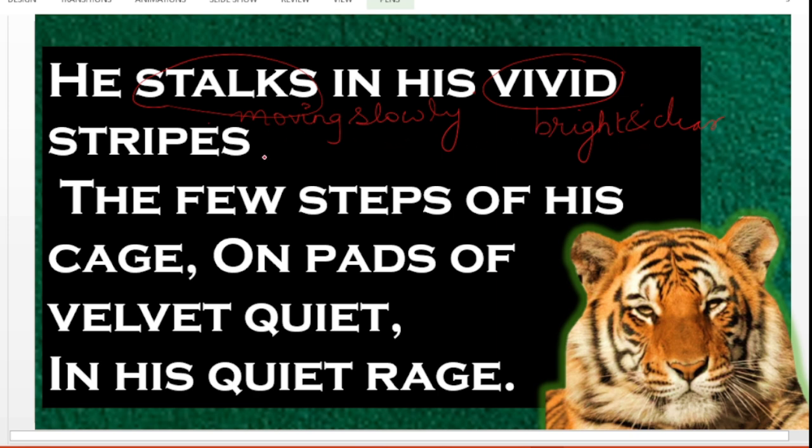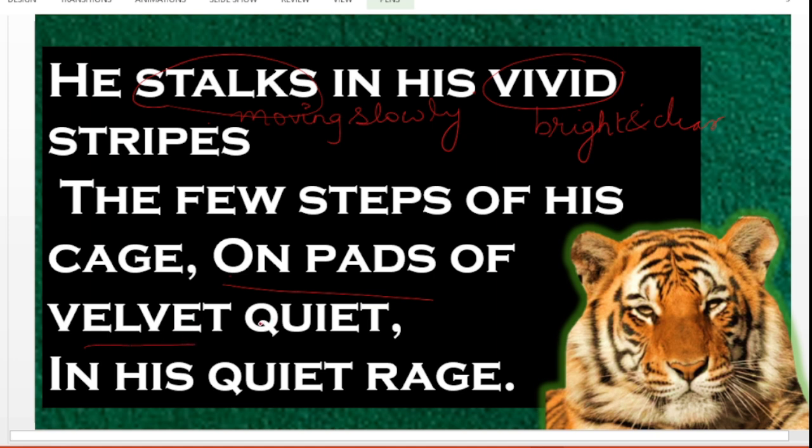It creates an imagery of how majestic the stripes of the tiger look. The few steps of his cage. By this line we understand that there is a very constricted space for the tiger in the cage. And he walks on his paws, which have been compared to velvet.